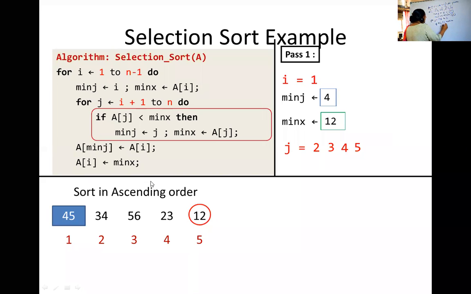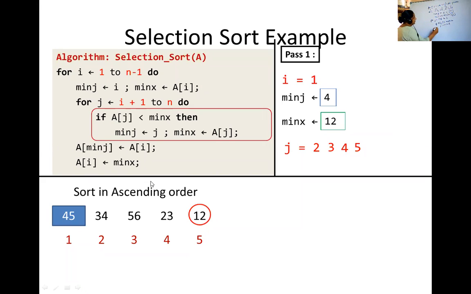The j value is i plus 1, so it is going to be 2. So a of 2 is 34, and 34 is less than 45, the condition is true.